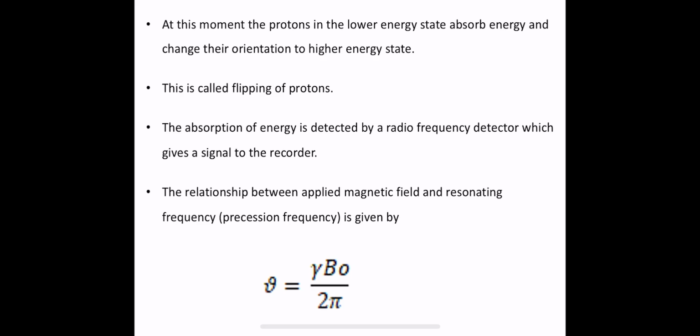We all know that for a proton, gamma is equal to 2.67 into 10 raised to 8. Okay, so this is the gyromagnetic ratio. By knowing this, we can find out the precession frequency of that particular nucleus. So this is the principle of NMR spectroscopy.